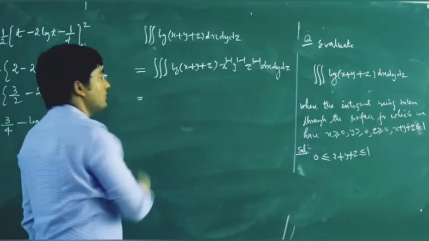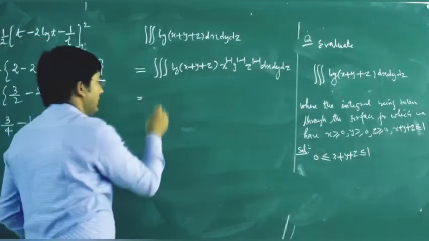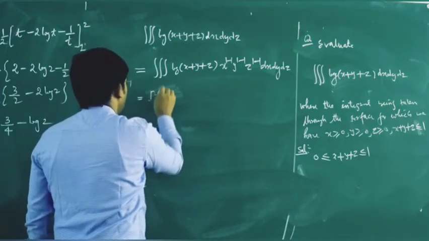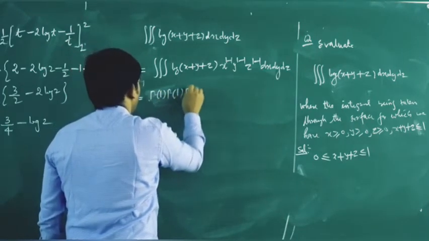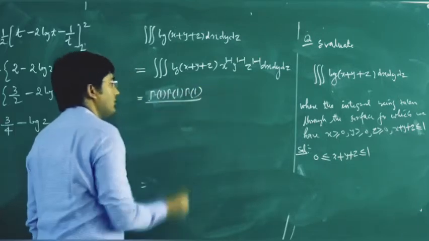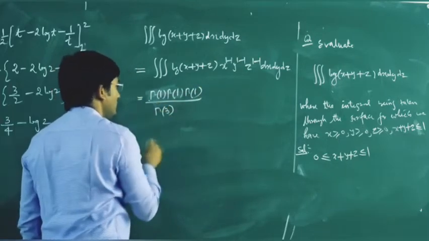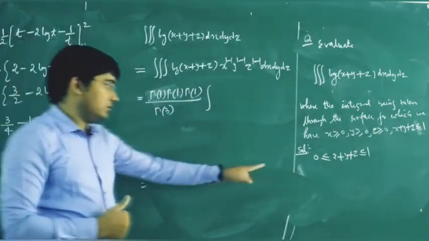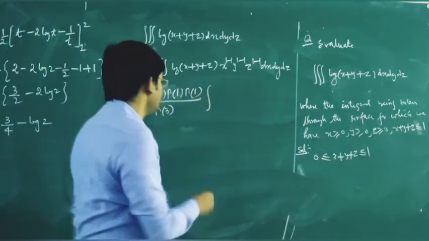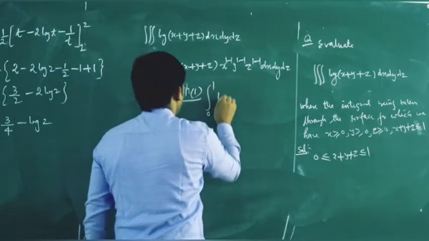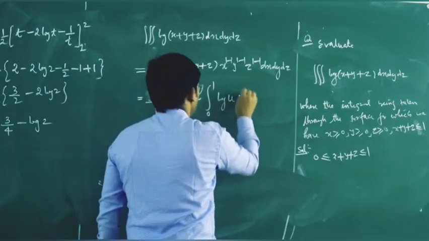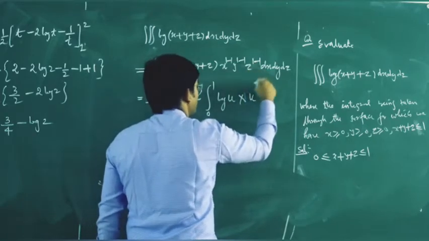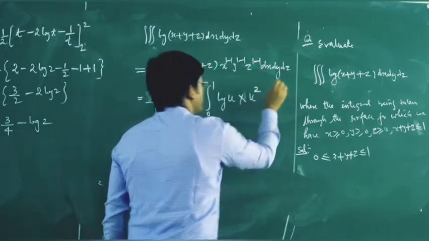Now this is equal to gamma l into gamma m into gamma n, so gamma 1 into gamma 1 into gamma 1, and in the denominator we will have gamma of (l plus m plus n), so we have gamma 3. Then the limits of x plus y plus z are from 0 to 1. Then you have log u into u power l plus m plus n minus 1, so 3 minus 1 is u square, into du.